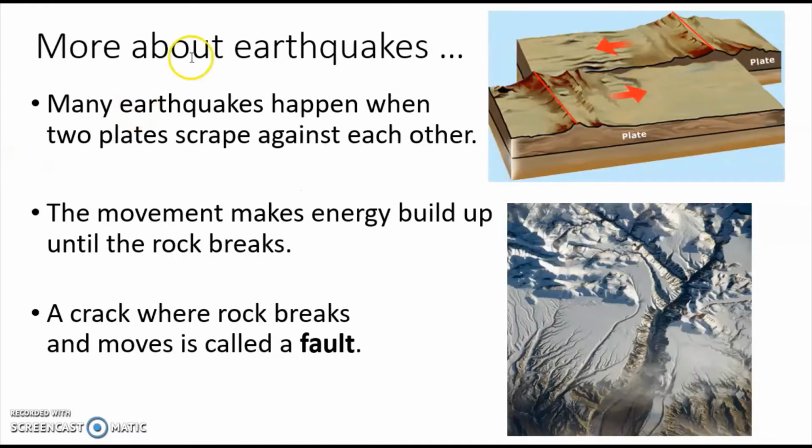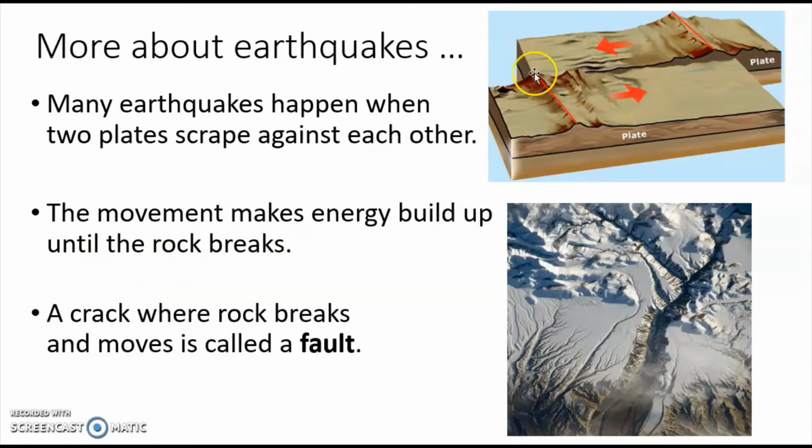Okay, more about earthquakes. Many earthquakes happen when two plates scrape against each other. That means they rub. One goes this way, one goes this way, and that friction causes energy in the rock to break. The movement makes energy build up until the rock breaks.